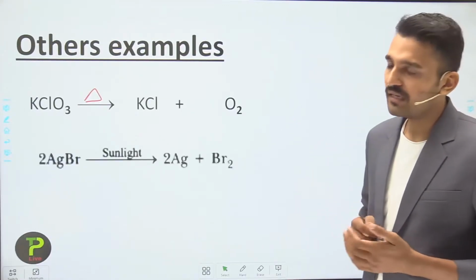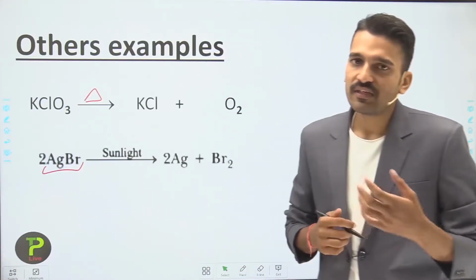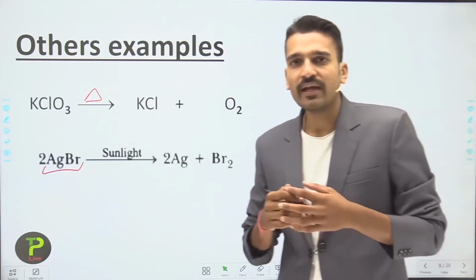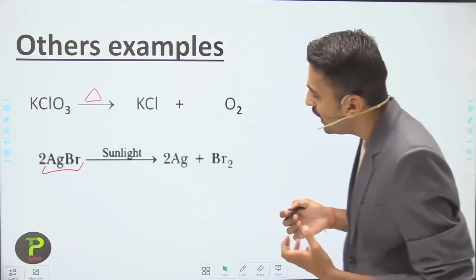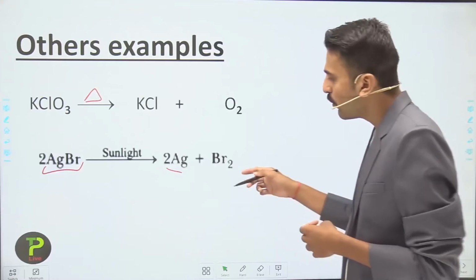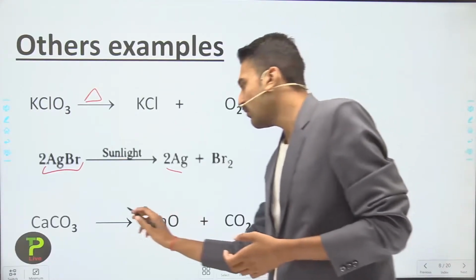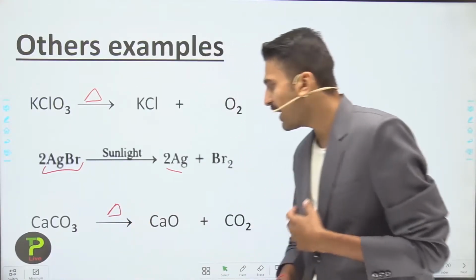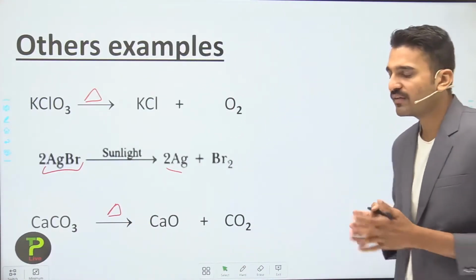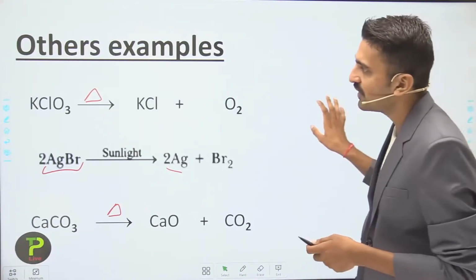Another example is AgBr, silver bromide. When silver bromide is exposed to sunlight, it decomposes to give silver and bromine. The next example is the heating of calcium carbonate, which forms calcium oxide and carbon dioxide.